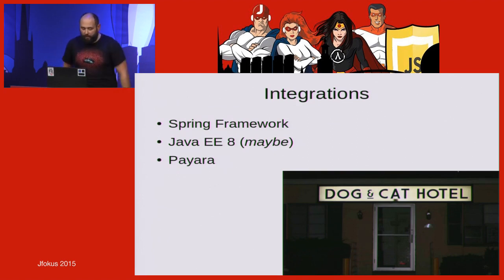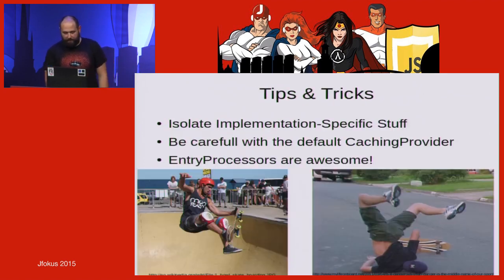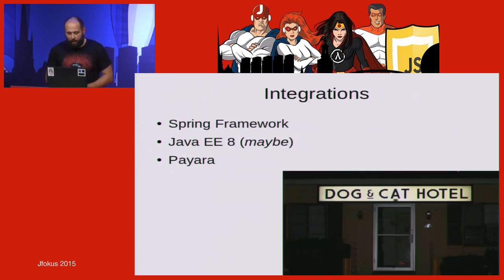I would love to see it there, and I will do everything I can to have JCache there, but it seems it is quite a lot of work, because what does integration mean? You can maybe make the EJB container aware of these annotations, or maybe you want to use JCache for caching in your JPA as a second-level cache.